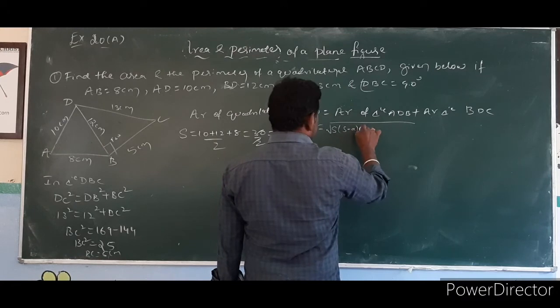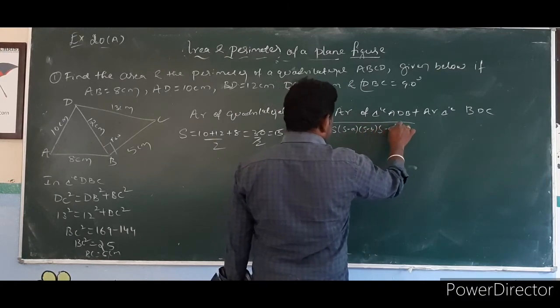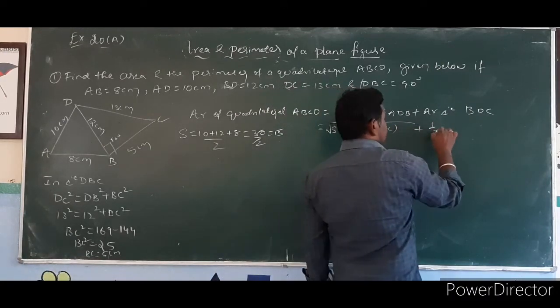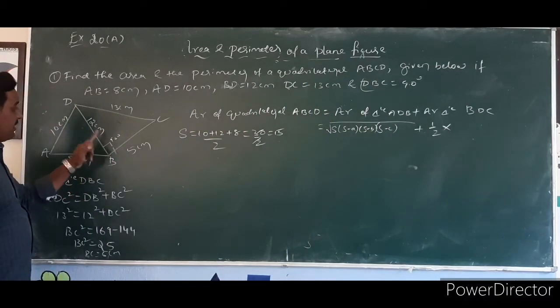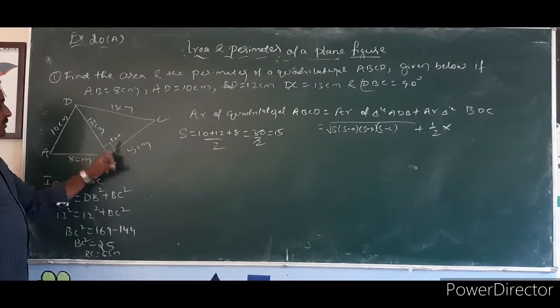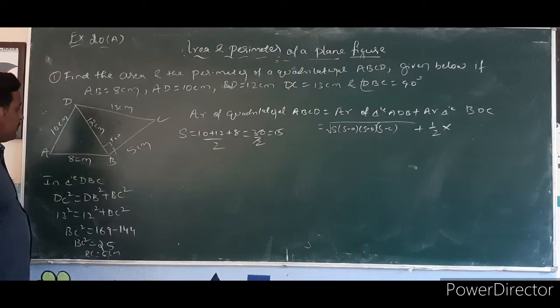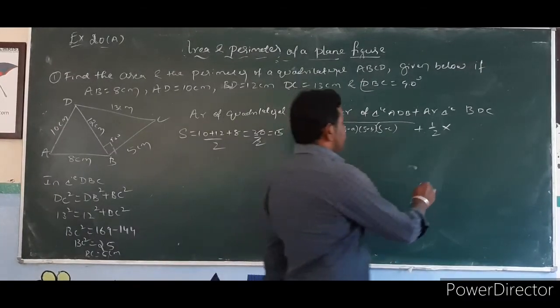So you can find S into S minus A into S minus B into S minus C plus half into BD into BC, since DBC is 90 degree, a right angle triangle, so you can multiply the product of the sides including the 90 degree angle.